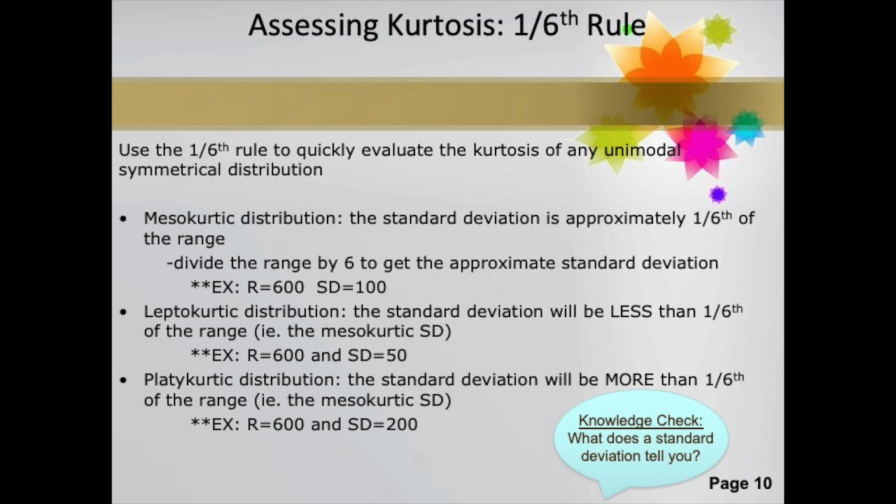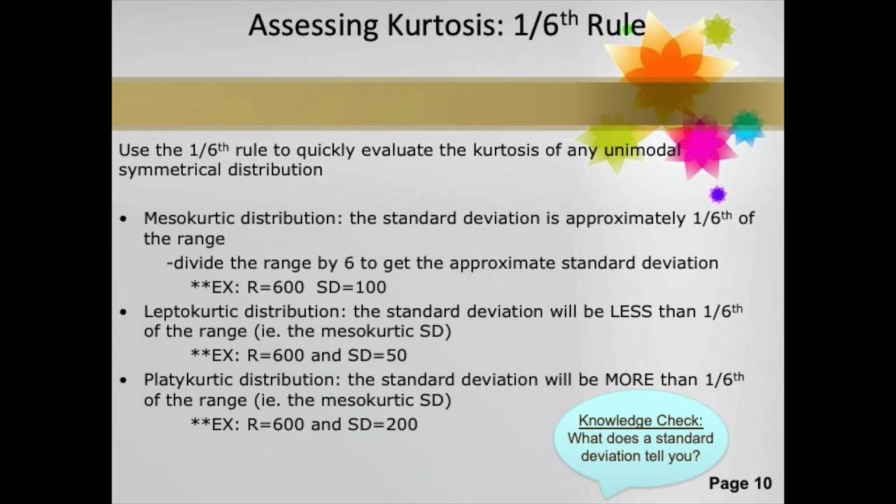But if my standard deviation is less than 1/6 of the range, or less than that mesokurtic standard deviation of 100, I have a leptokurtic distribution. So if I calculate my mesokurtic standard deviation, I see that it's 100, I look at my data set, and then I go, oh no, my standard deviation is 50. That's less than what a mesokurtic standard deviation for this range would be. I must have a leptokurtic shape.